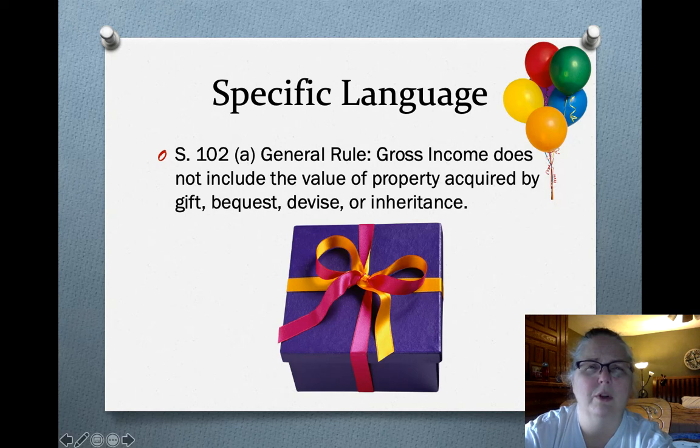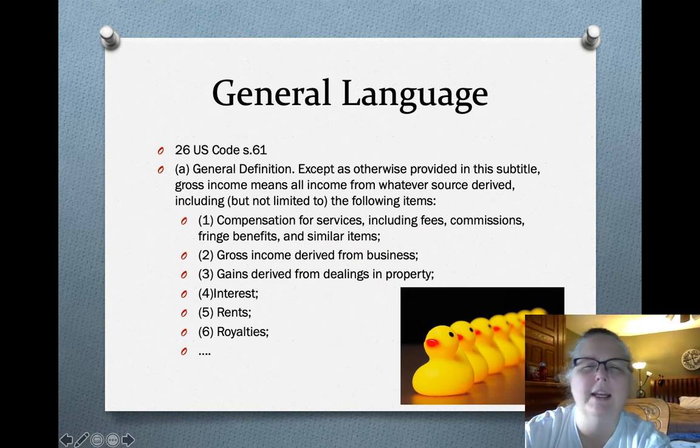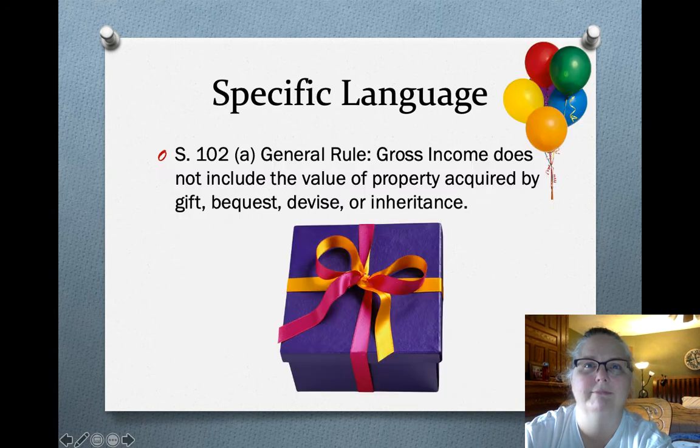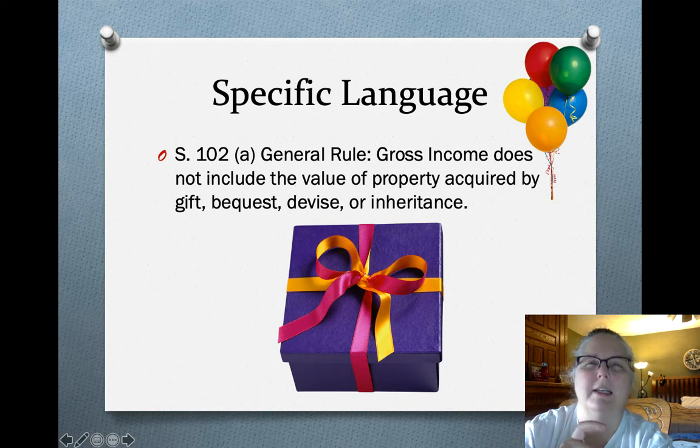Specific language ties directly to something precisely. It doesn't leave wiggle room like we saw in the previous one: except as otherwise provided, all income, including but not limited to. Here's specific language. Section 102(a) starts with "general rule," which is why I caution you not to use "general rule" as an indicator of this being general versus specific.